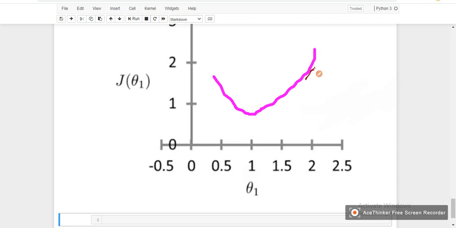This will be the slope, or the derivative, of the cost function here. So this slope tells that the cost function is increasing here, so we have to decrease in this direction.